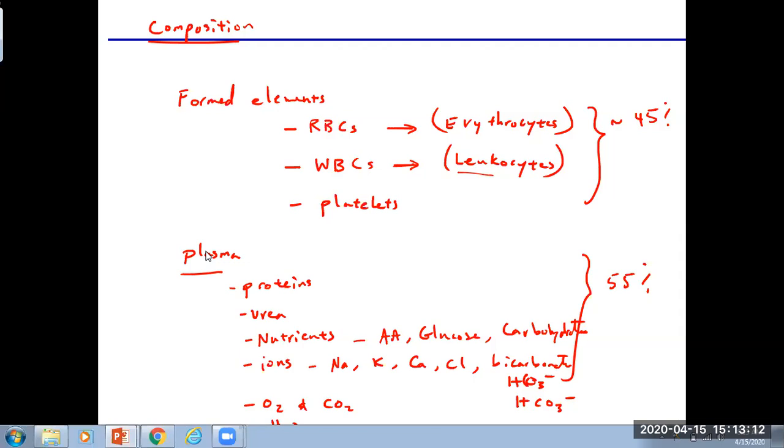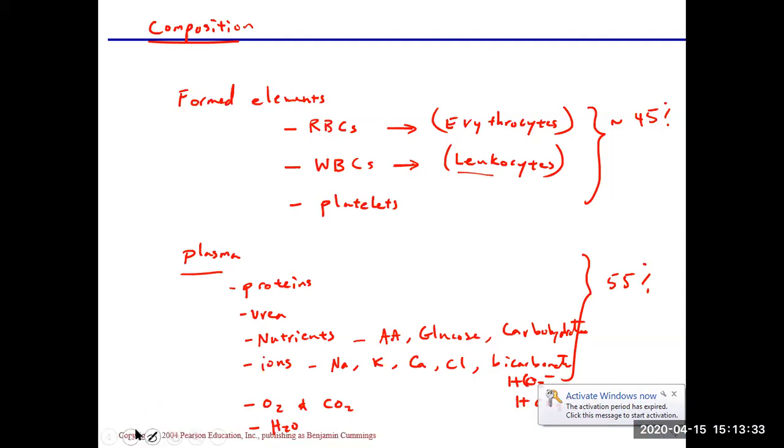If we wanted to get an idea about this percentage, because the percentage might actually vary, why is it going to vary? First, let's define what hematocrit is. Hemato refers to blood.